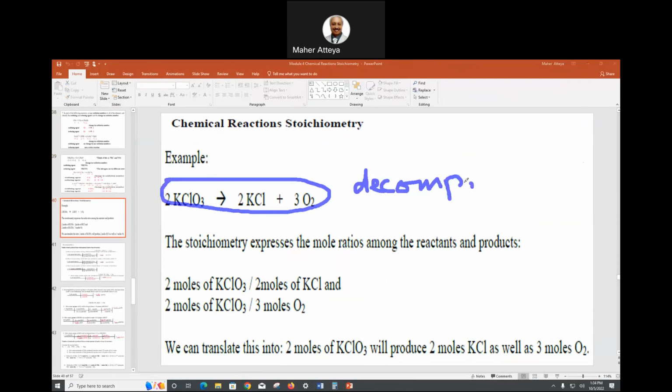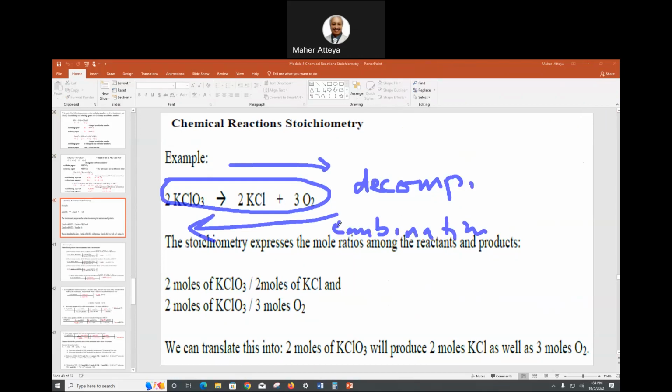So decomposition. Why? You have a single compound that produces 2 or more compounds or molecules. This is decomposition. The opposite of this, if you go this way, here will be what? Combination, correct? The opposite reaction of this is called combination.